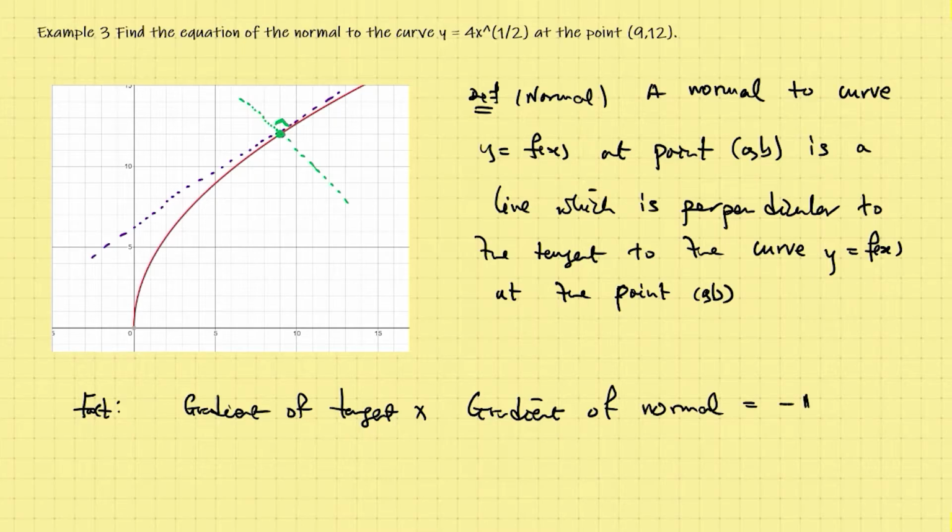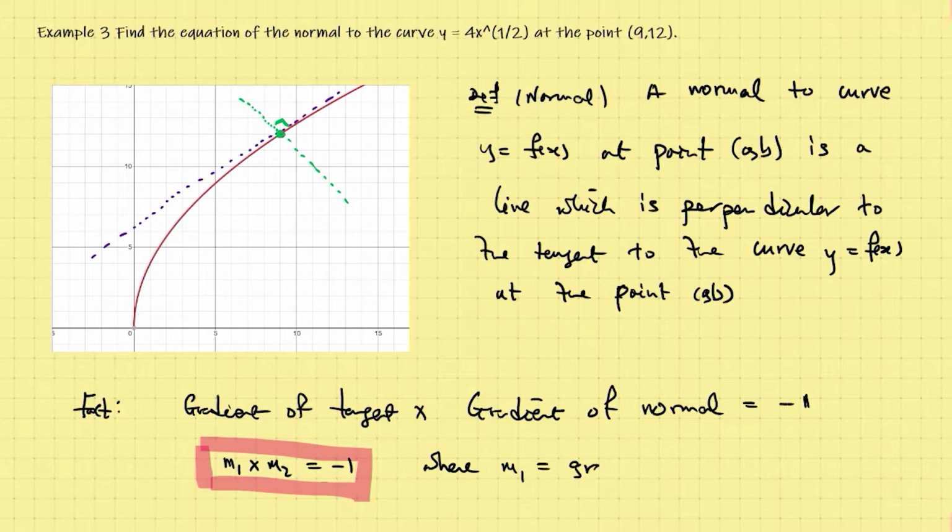This is commonly written in the form m1 times m2 is equal to minus 1. Let me just put that in a pink box, where m1 equals the gradient of the tangent and m2 is equal to the gradient of the normal.